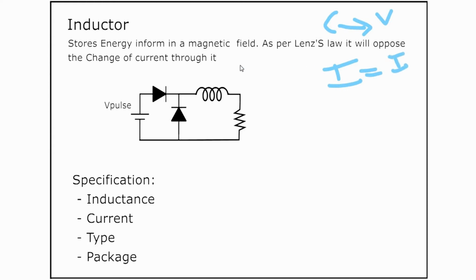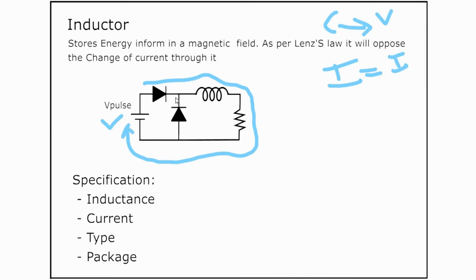So let's understand how it works. As per Lenz's law, it will oppose the change of current through it. Now let's assume this pulse is on. A current will start flowing in this direction through the inductor, through the load and back into the source.